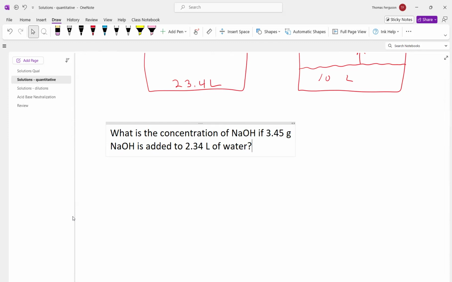Okay, so this is a two-step problem. First is calculate the moles added, and then you convert that to moles per 1 liter.